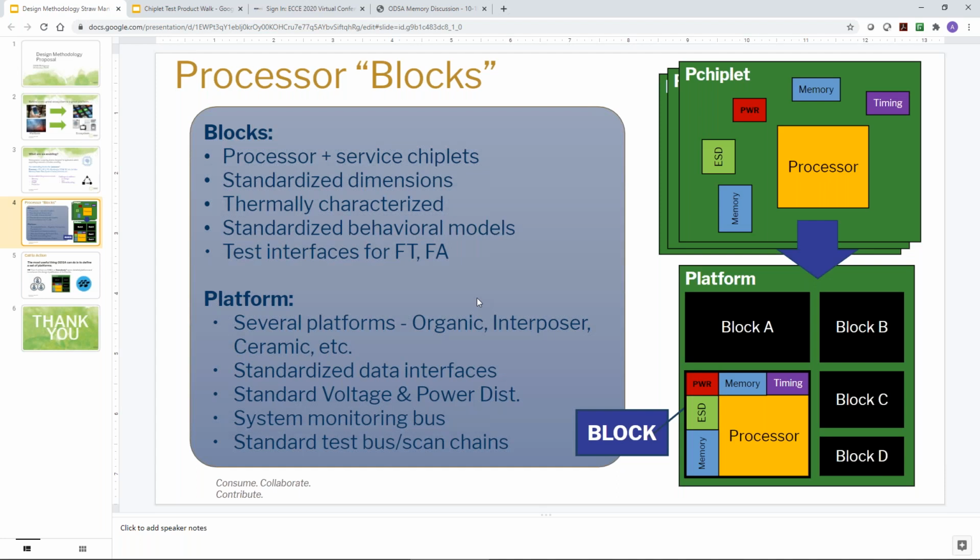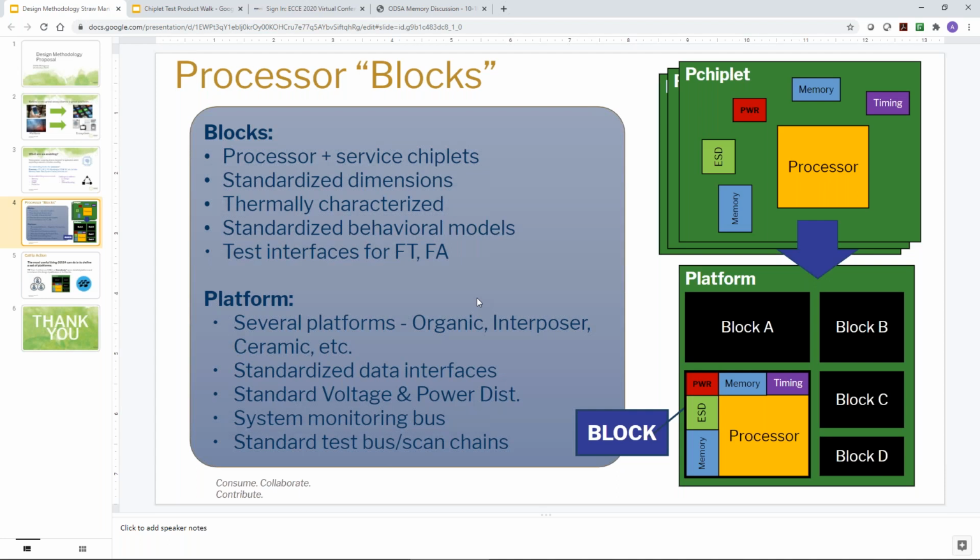Correct. Okay. So I think one of the charters of ODSA, and Bapi can elaborate on this further, is to create a marketplace, and the marketplace, which at least as of now we are envisioning, is for chiplets. So defining chiplets, what kind of chiplets are needed, is probably one of the critical items for ODSA.